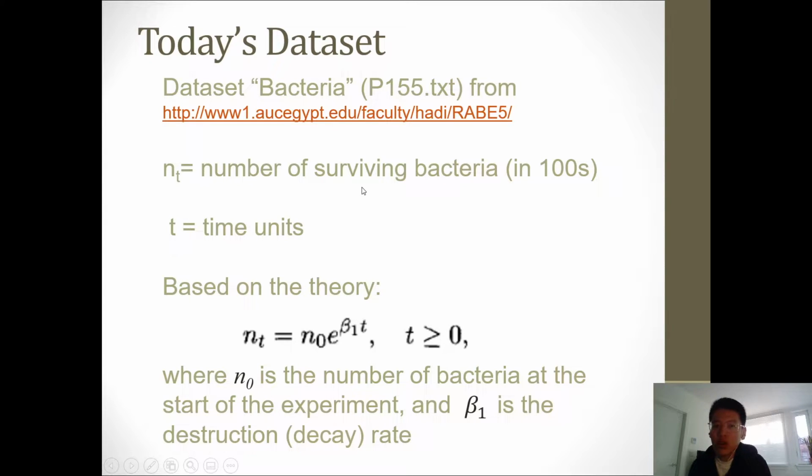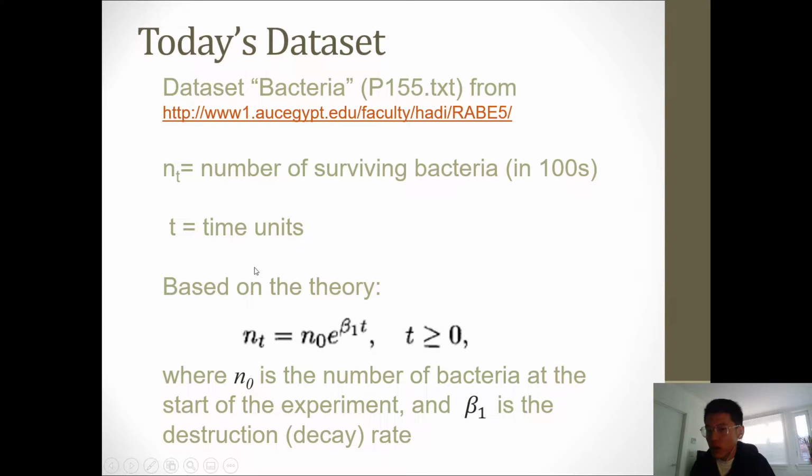In this data set, there are two variables. The first one is the number of surviving bacteria in 100 seconds, and T means the time units. So in this case, NT is the dependent variable, our outcome, and T, the time units, is our independent variable.